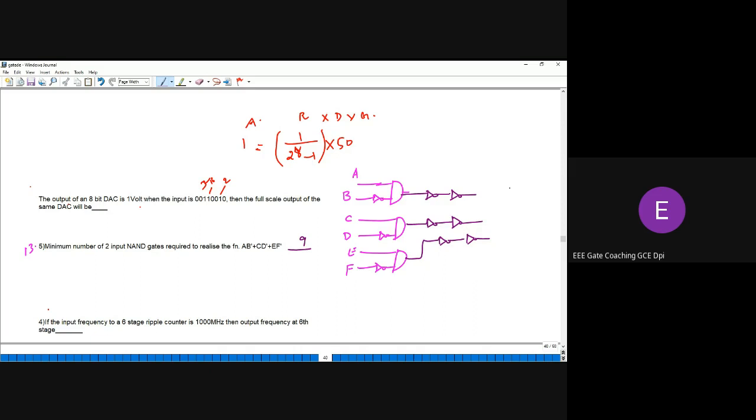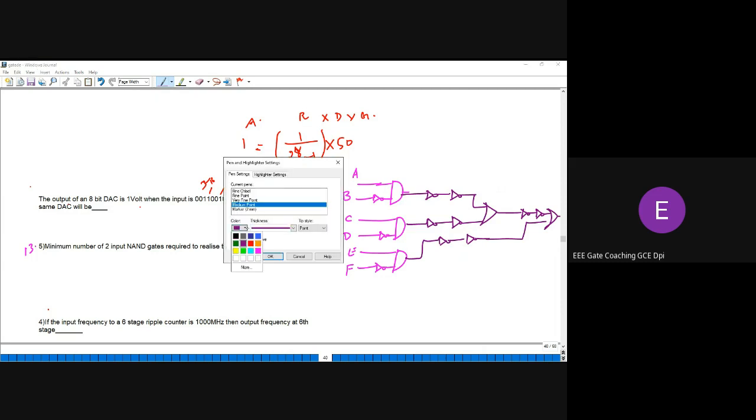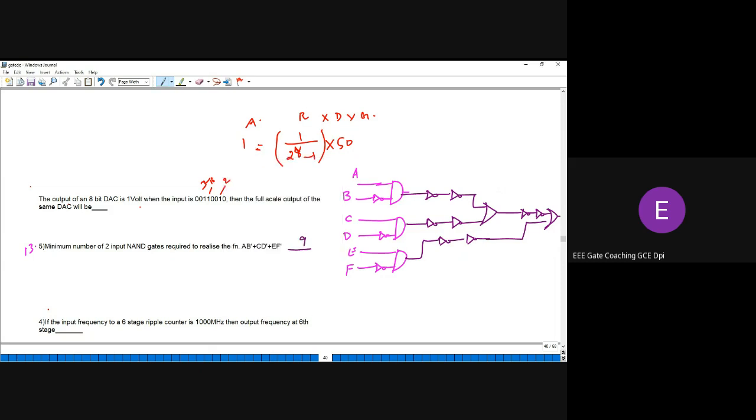But they have asked only two input NAND gates, so the answer is 9. 1, 2, 3, 4, 5, then 6, 7, 8, 9.